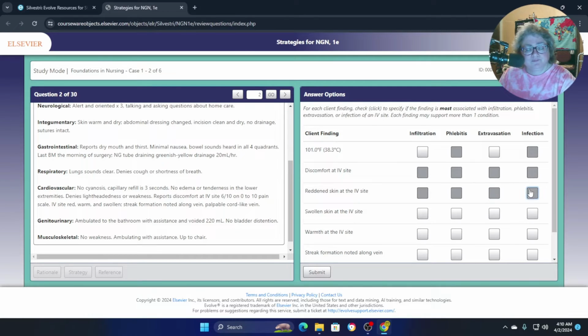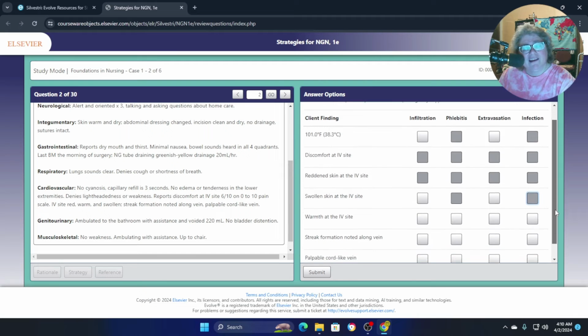Yes. Swelling at the IV site. Well, that could be due to, I think phlebitis, an infection. You see? Connect the dots, right?